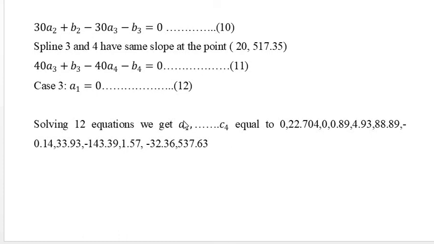So solve the equations to get the values of the unknowns a1, b1, c1, a2, a3, etc., up to c4. So we get a1 equal to 0, a2 equal to 22.704, etc.